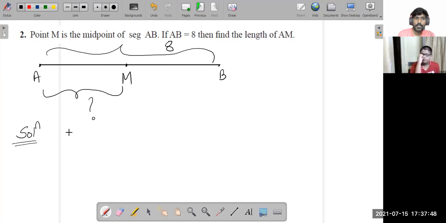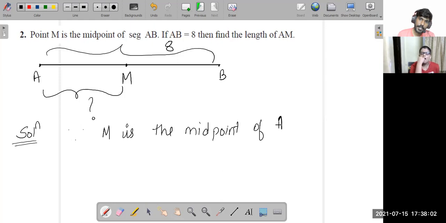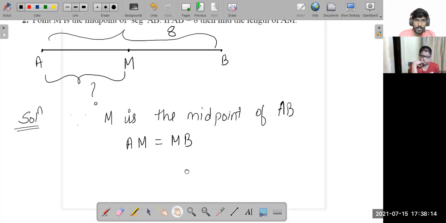So since M is the midpoint of AB, AM equal to MB. Correct? Okay.